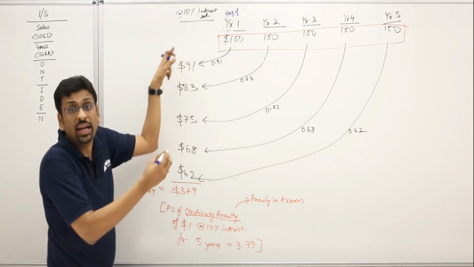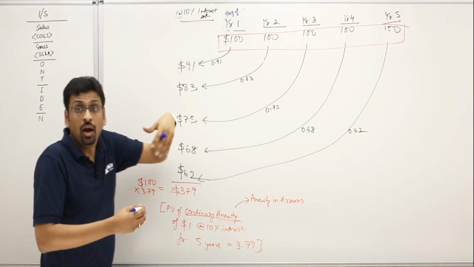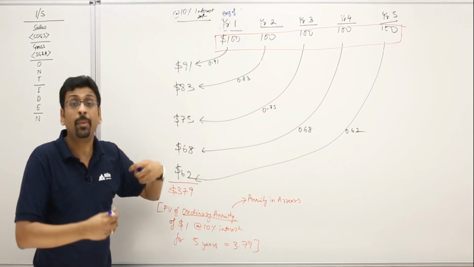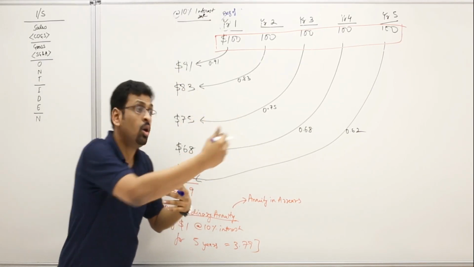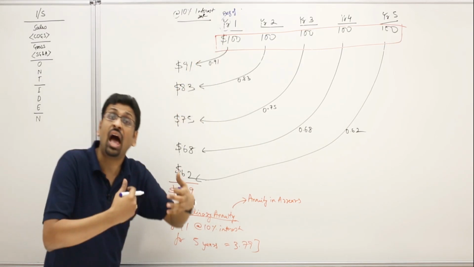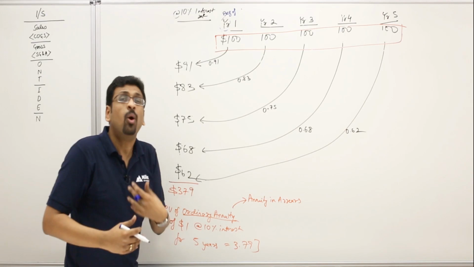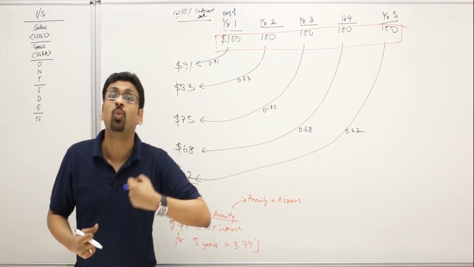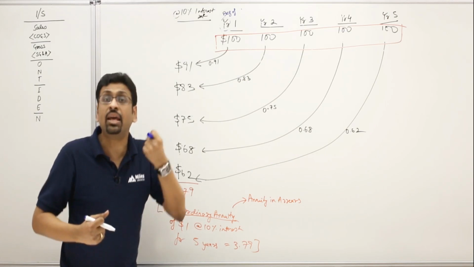So this is no longer 91, because in the case of an ordinary annuity in arrears, when we did the present value 0.91, we looked at this $100 coming in after year 1. Now we're talking about a different annuity, annuity due or annuity in advance, where money is coming in at the beginning of the period.